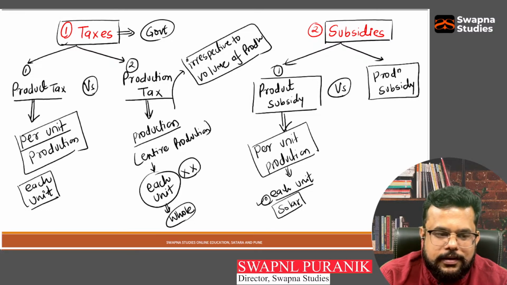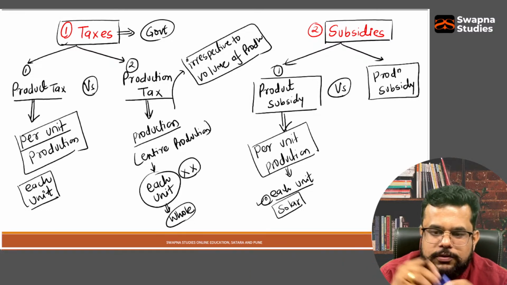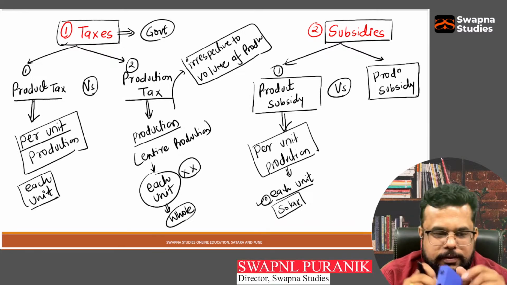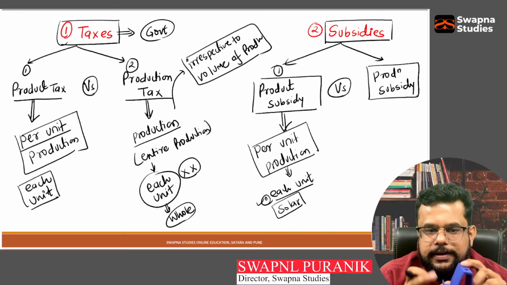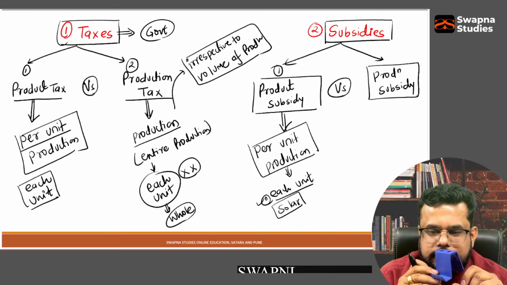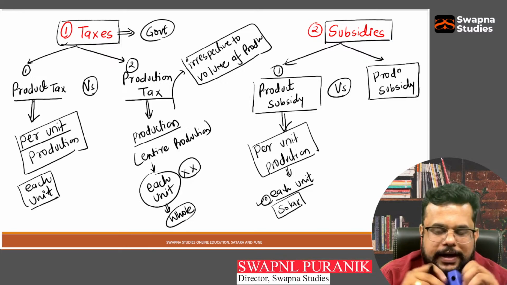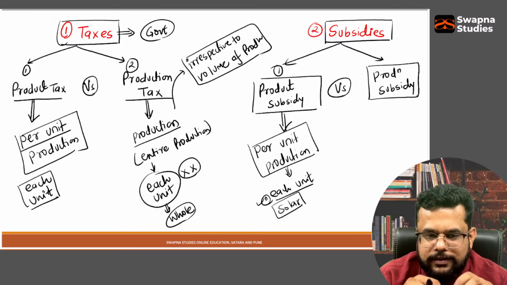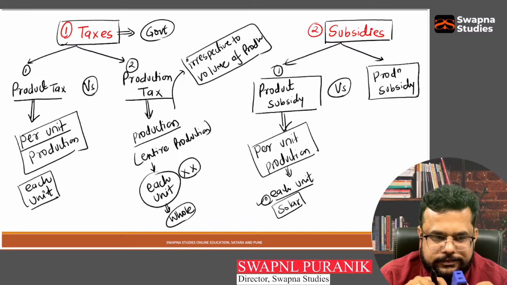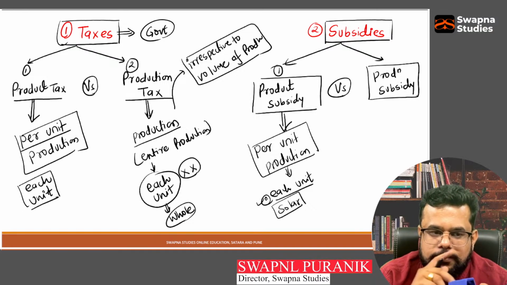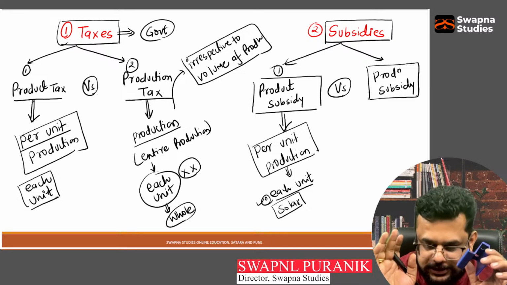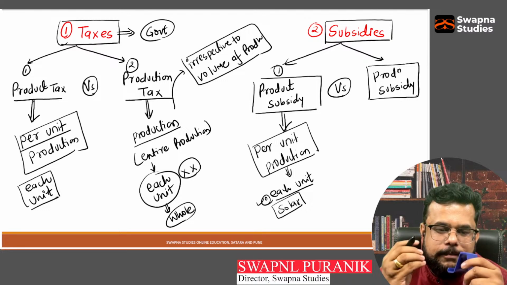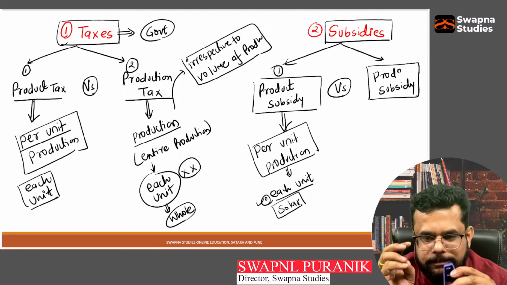If I have a company and I am producing this little product, and I have a land, I have a factory, so I have to pay registration duty and property tax. Irrespective of the volume of production, I have to pay that tax. Irrespective of the number of units produced, I have to pay that tax.